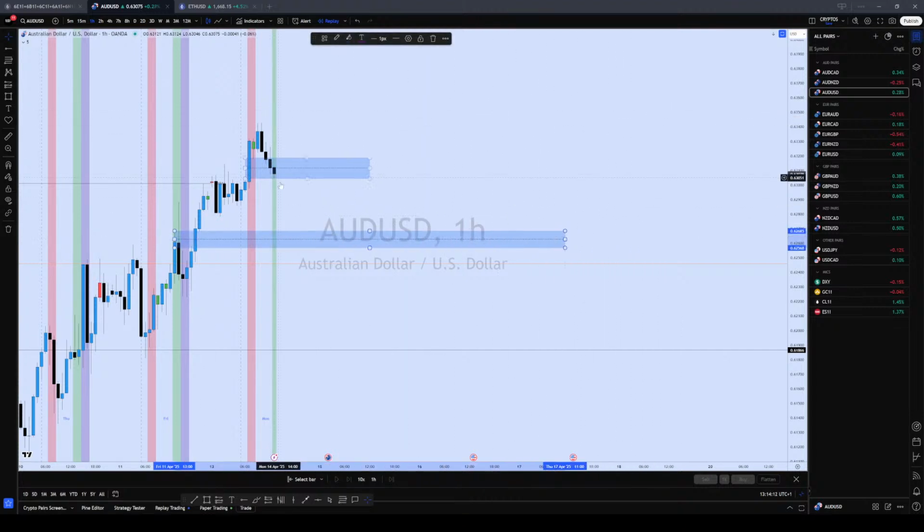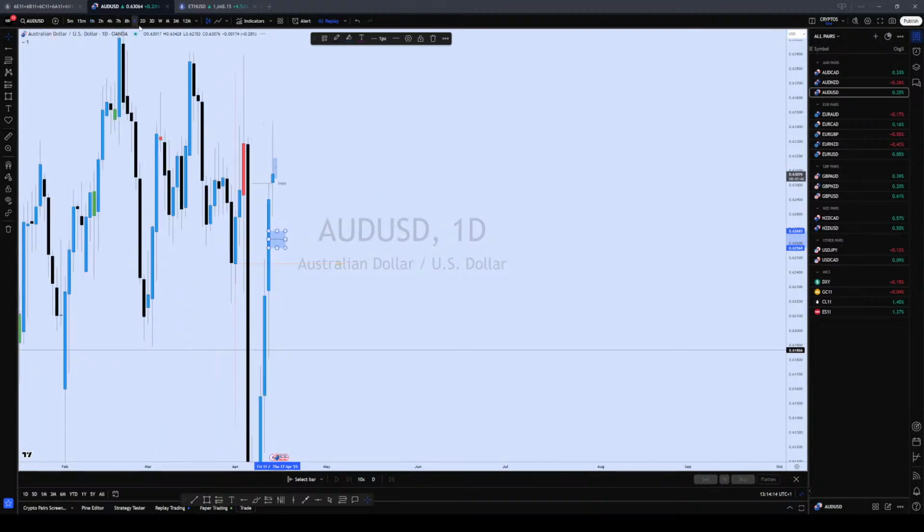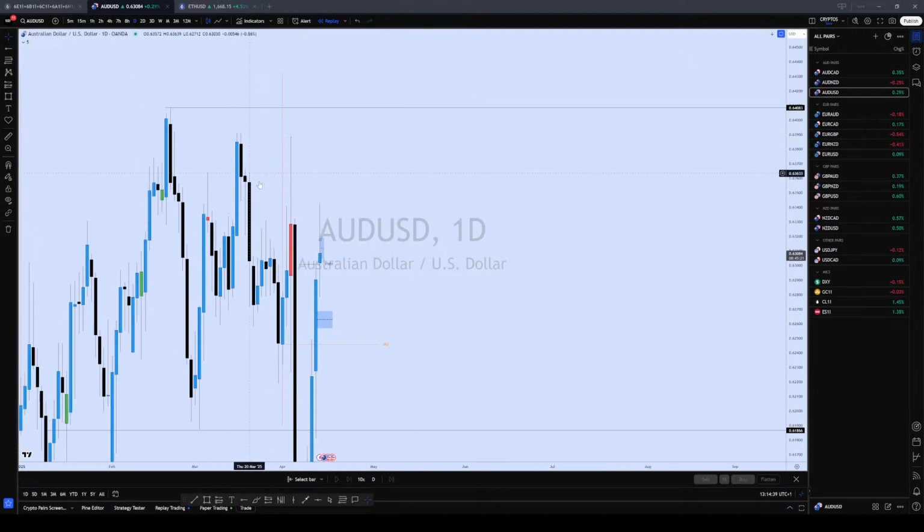If we end the day like this, then tomorrow we might drop. Tuesday we might drop into this area here and then go and challenge this equal high. Okay, so look for a continuation to that.